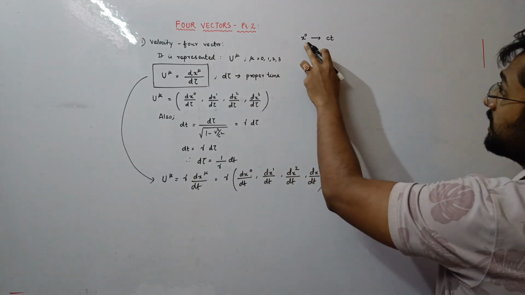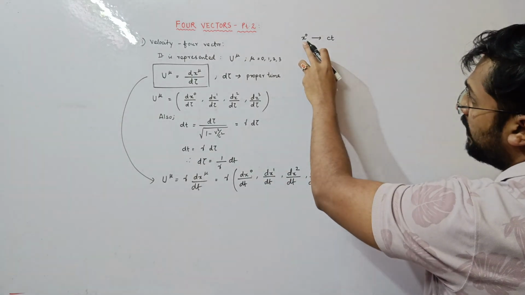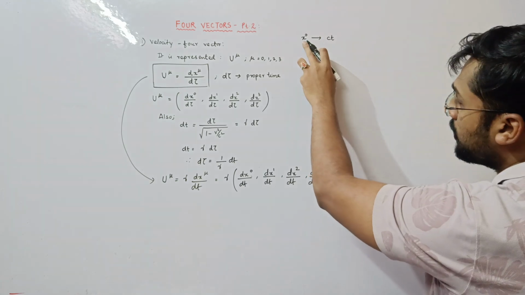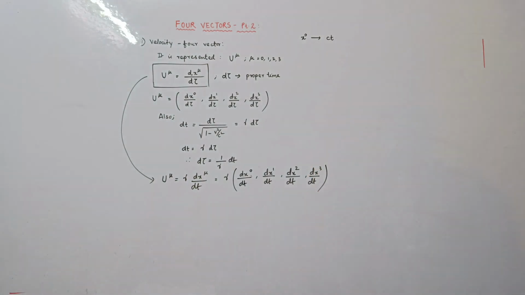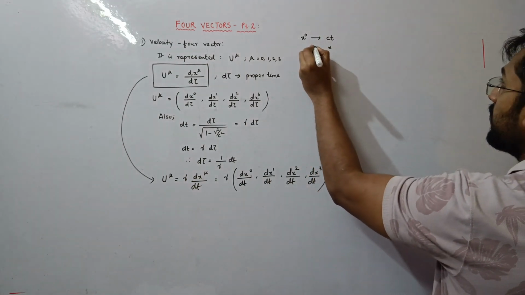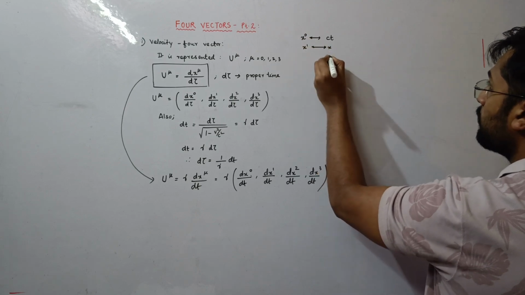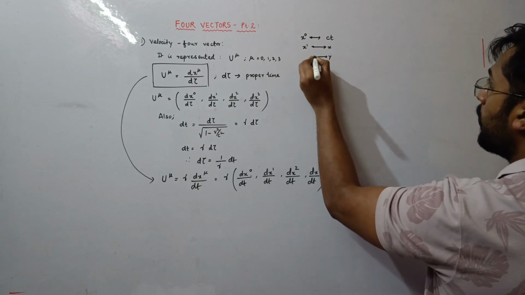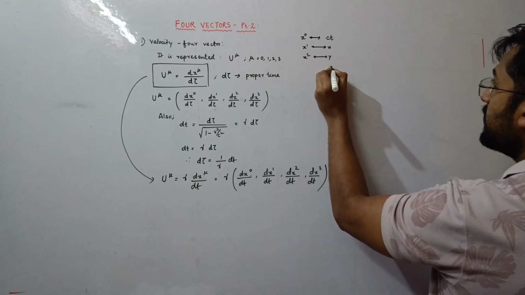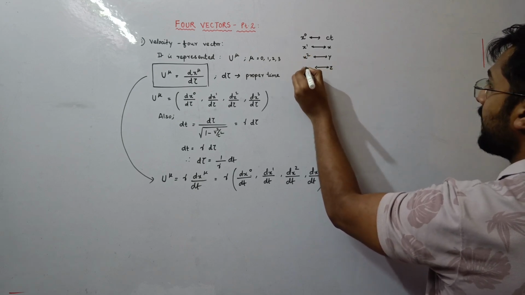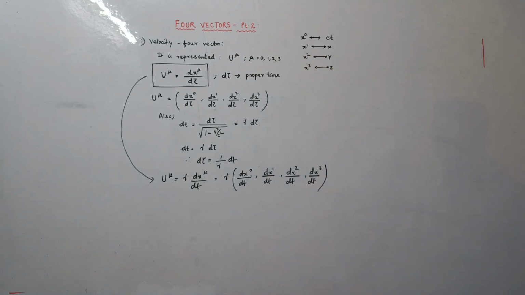But ct is now represented by our newly introduced convention, that is x0. The x coordinate will now become x1, the y coordinate will become x2, and the z coordinate will become x3. Am I clear?